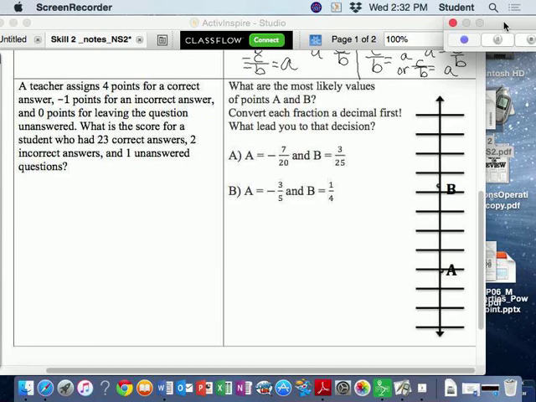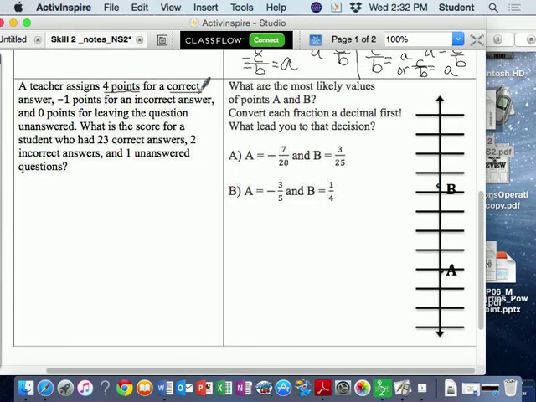Okay, the next question. A teacher assigns 4 points for a correct answer, negative 1 point for an incorrect answer, and 0 points for leaving it unanswered.